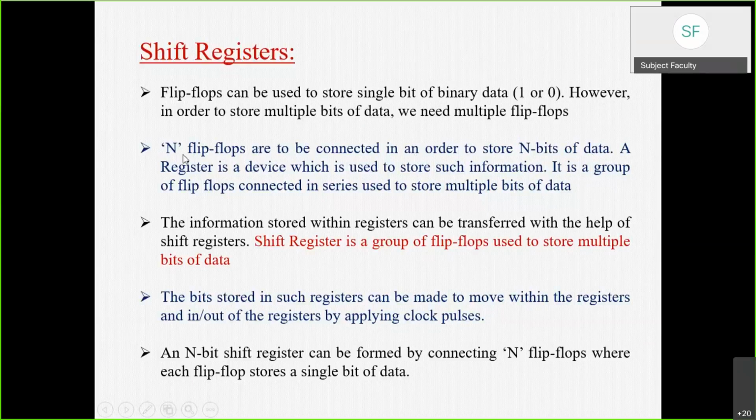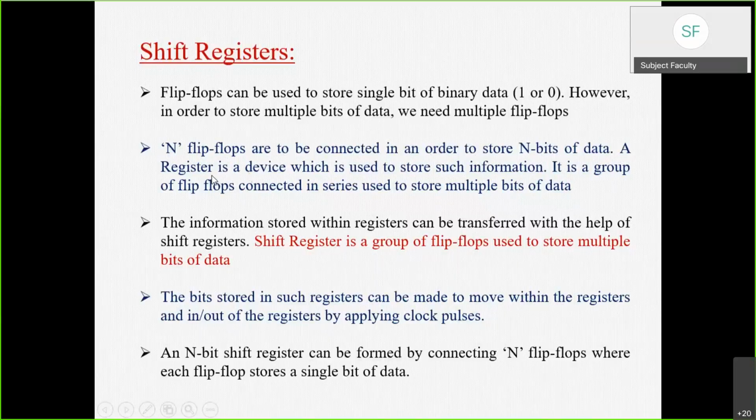That means one flip-flop will store 1 bit, 2 flip-flops will store 2 bits of data, 3 will store 3, and so on. So always remember that n flip-flops are to be connected. If you want to store, suppose, 10 bits of data, then how many flip-flops do you need? You need a total of 10 flip-flops. So n flip-flops are used to store n bits of data.